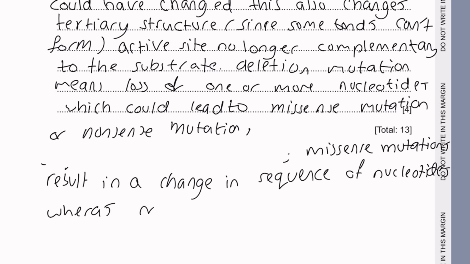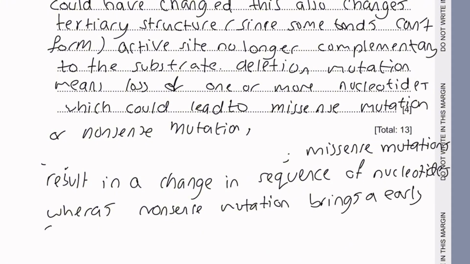Whereas nonsense mutation brings an early stop codon, which obviously is not good.